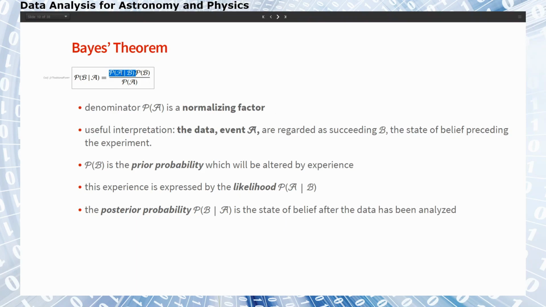What is the probability to observe the data given a certain model? Assuming a certain model is true, what is the probability to find the data? This is called likelihood. The left-hand side, P(B given A), is called posterior probability. This is the state of belief after the data has been analyzed.